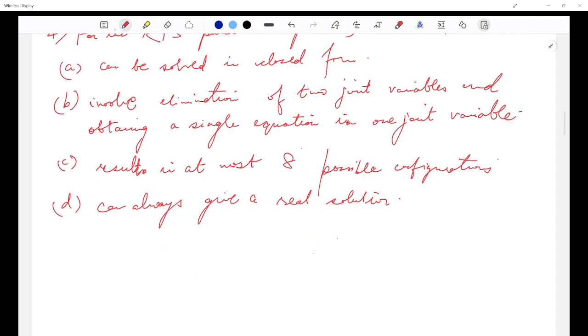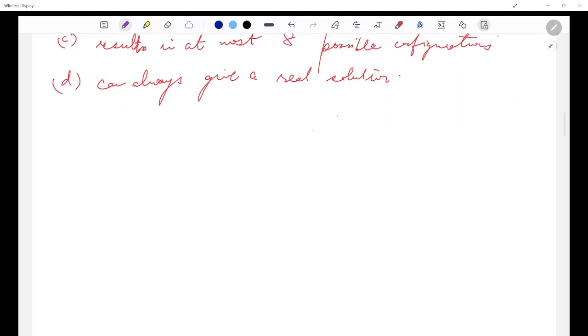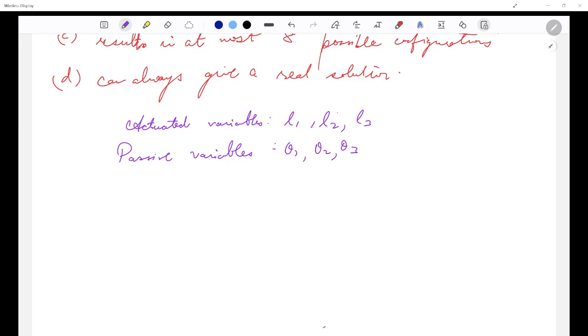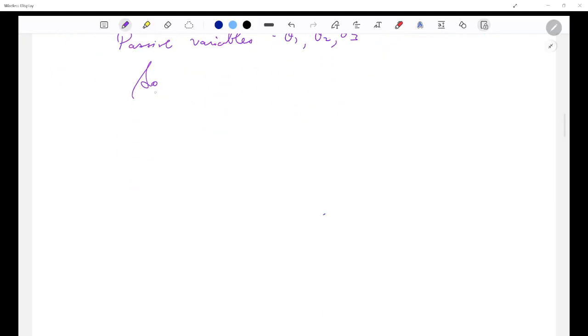Let's start this. What are the actuated variables? There are L1, L2 and L3 for all the three lengths because prismatic is actuated. And what are the passive variables? Just theta 1, theta 2 and theta 3, right? So M is 3 passive variables, right?